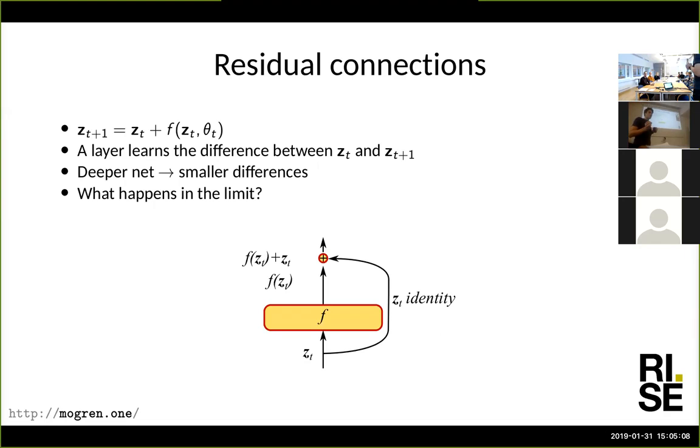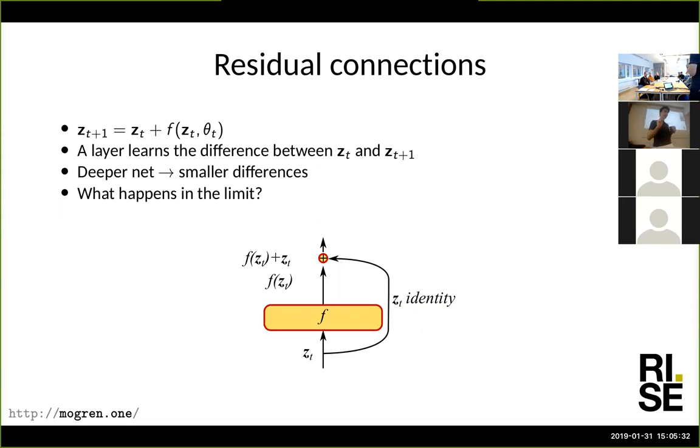After a layer, which we here call F, we're adding the output from F to the input, making a vector sum. So the state at time t plus 1 is equal to the state at time t plus the transformation made by F.